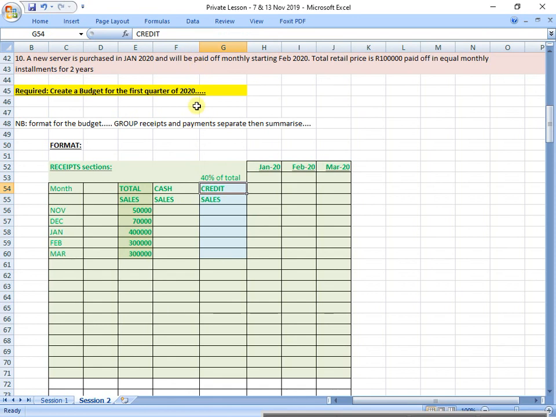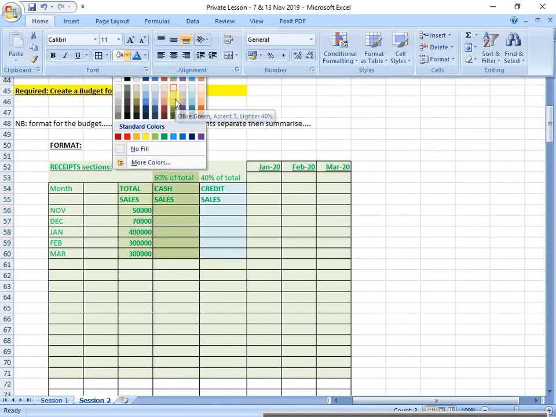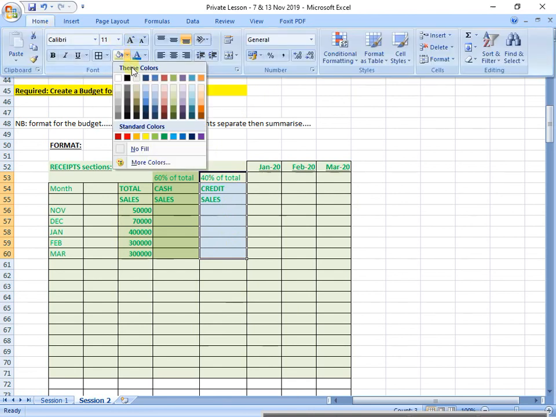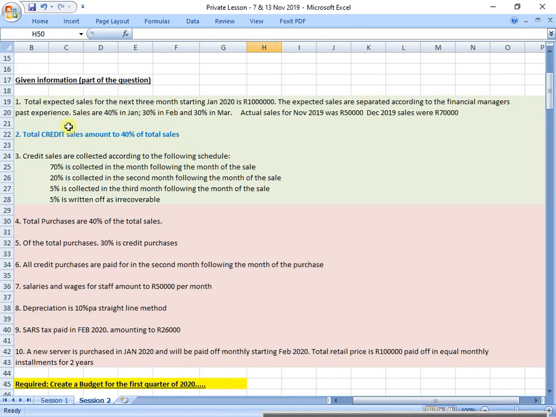If 40% of all my sales is credit, how much is cash? 60%. Yes, the rest, 60%. Okay, so now you know what the cash sales are and what the credit sales are. It's based on what? Your expectation, based on the information.